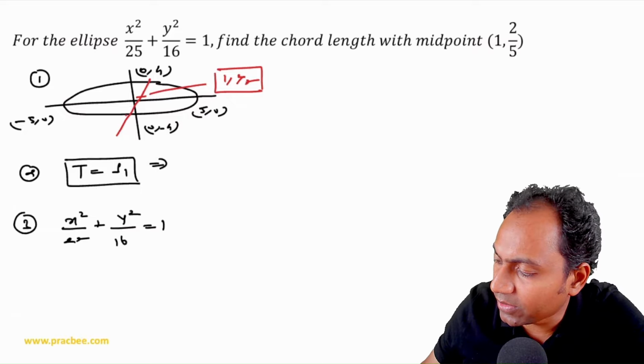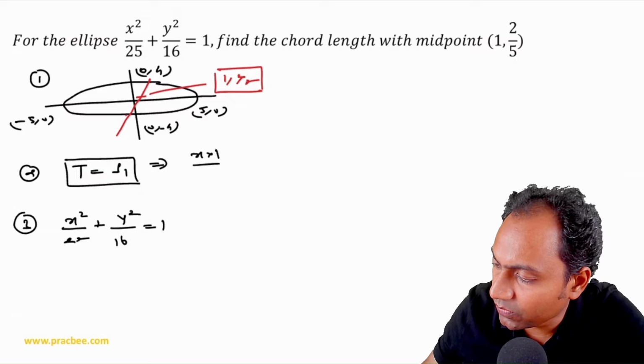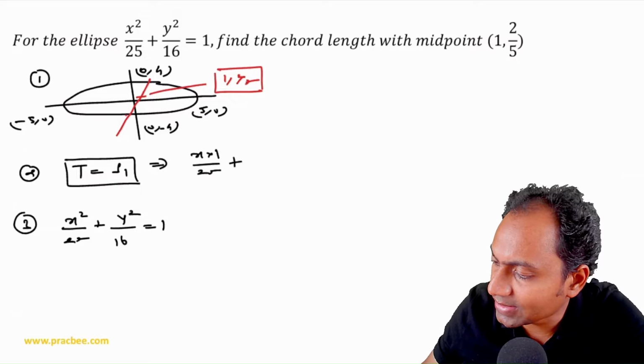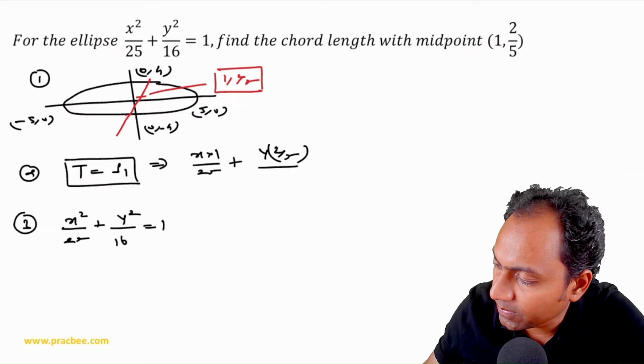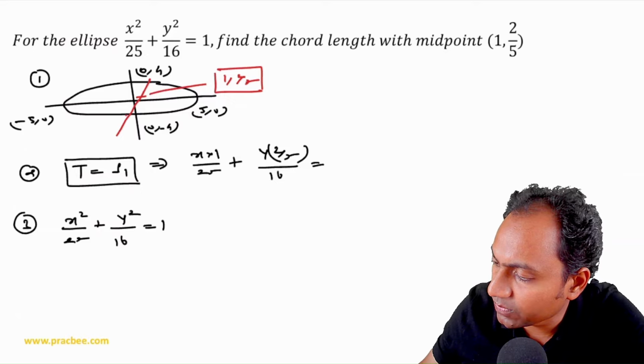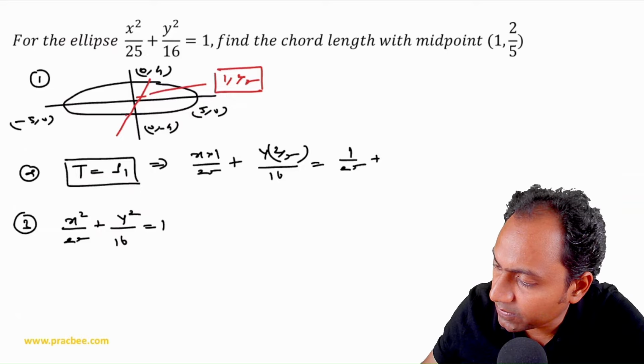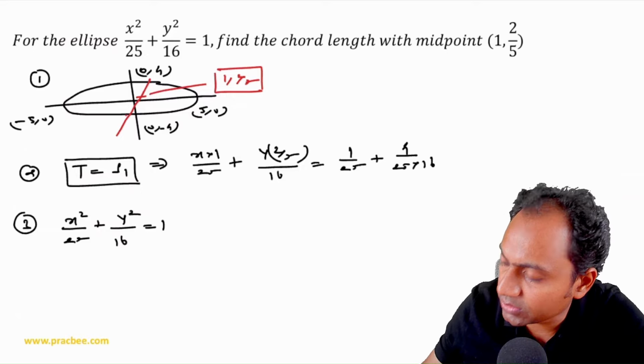So if I find my equation in the first part, it comes out to be x into 1 by 25, x1 plus y1 into 2 by 5 by 16 is equal to x1 square by 25, so 1 by 25 plus 4 by 25 into 16.